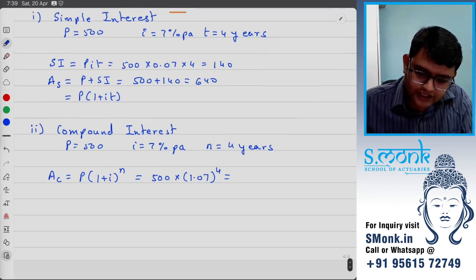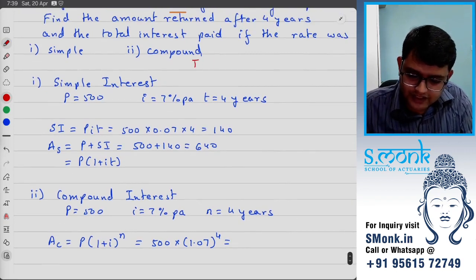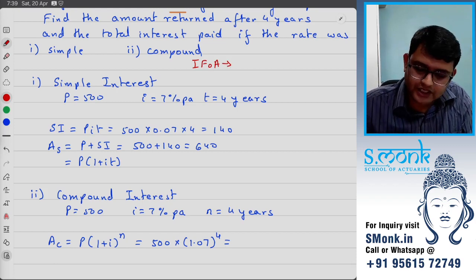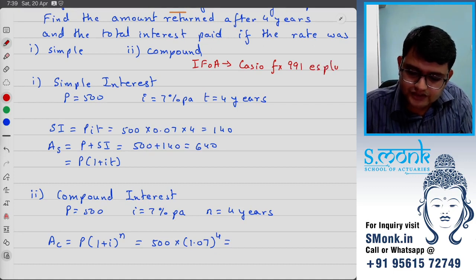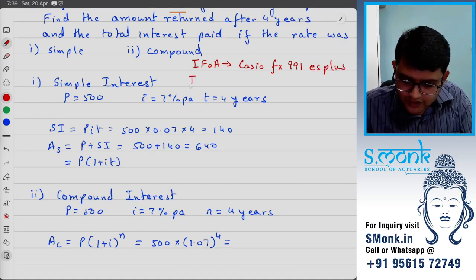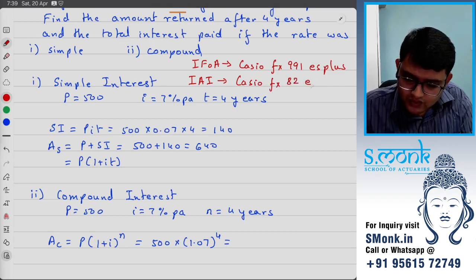Now the calculator that you will be buying, see, we have two institutes. If you are giving the examination from IFoA, that is the UK based institute, then you should buy Casio FX 991 ES Plus. This is the calculator. If you are giving the examination from IAI, that is the Indian based institute, you should buy Casio FX 82 ES Plus.